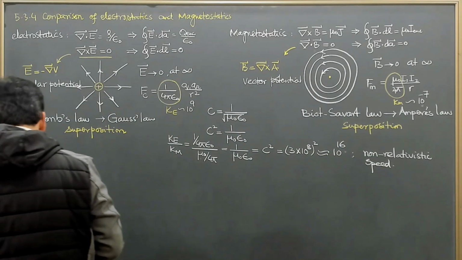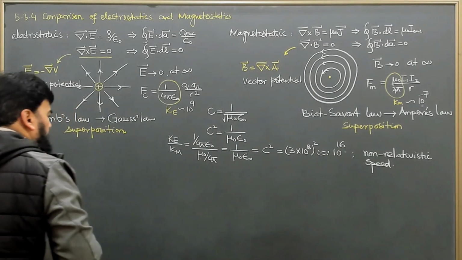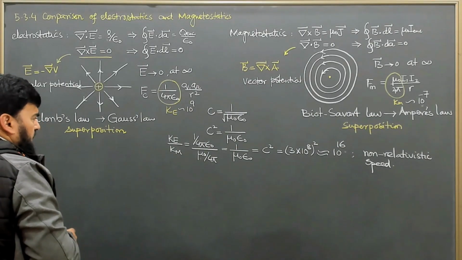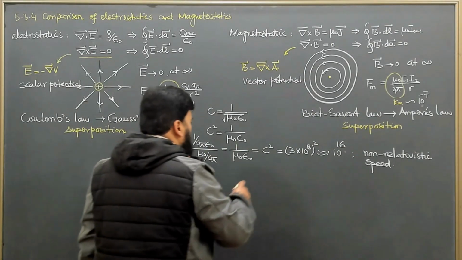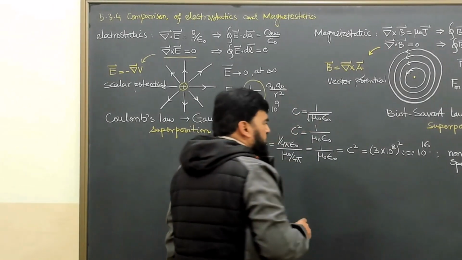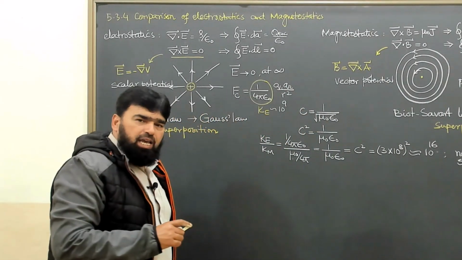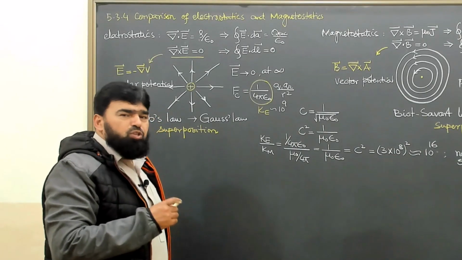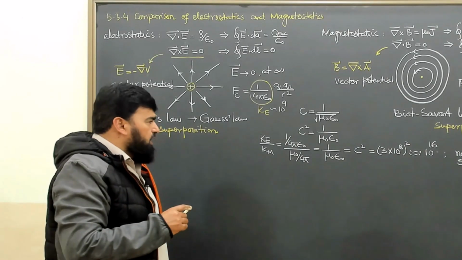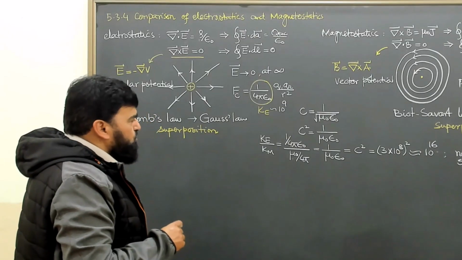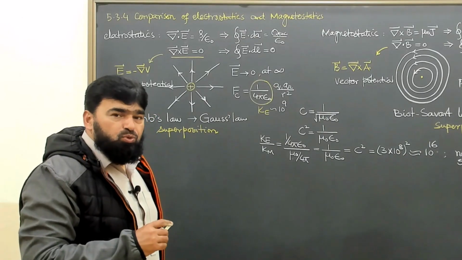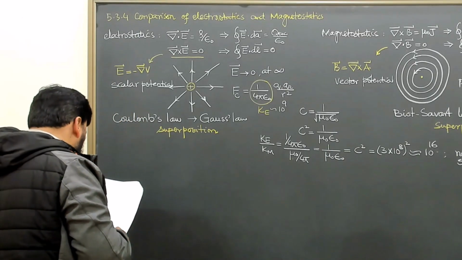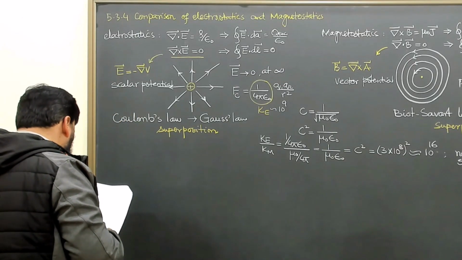Basically here we have Fe over Fm, or Ke over Km. Here it is C squared, but here we have by default taken V equal to 1. This is basically C squared over V squared. So V we have taken as 1, and that's why it is equal to this.